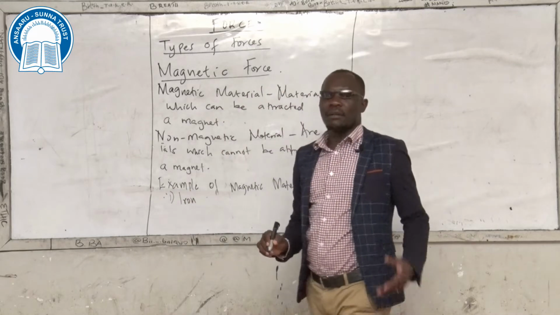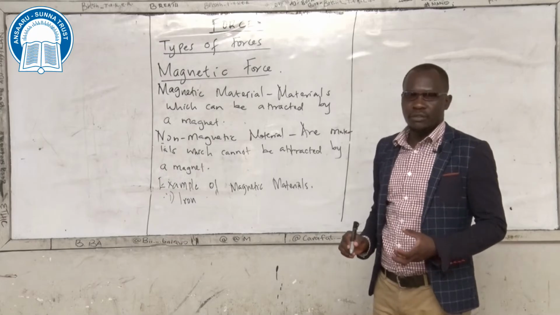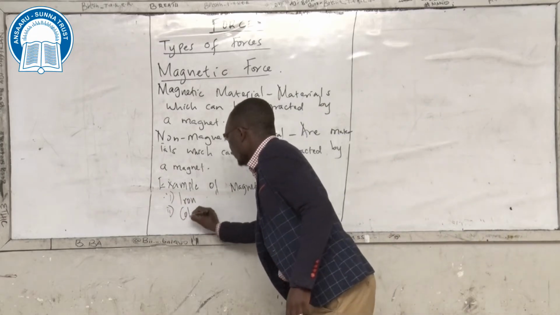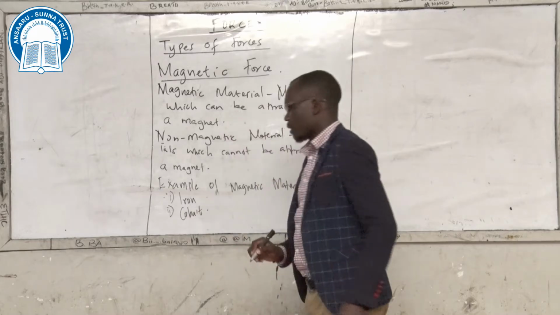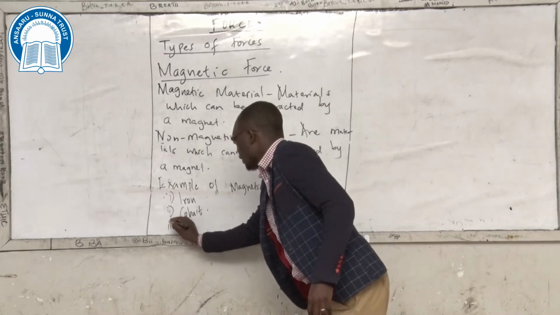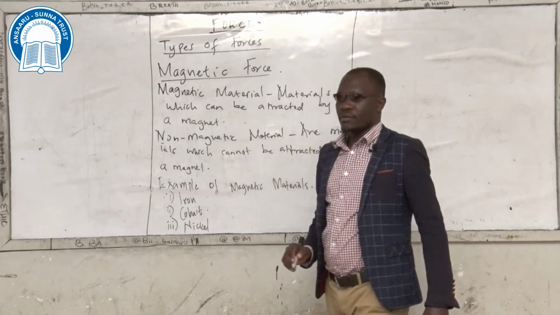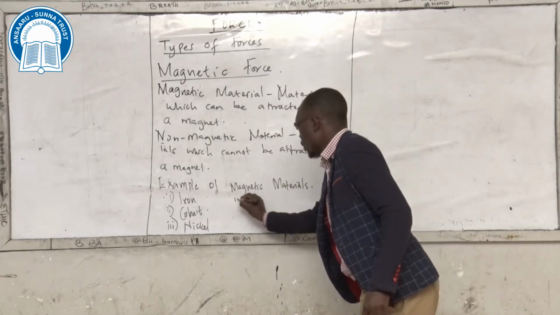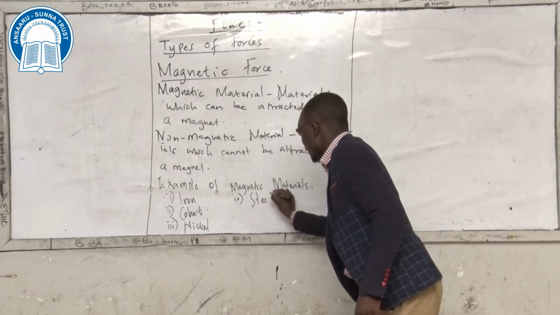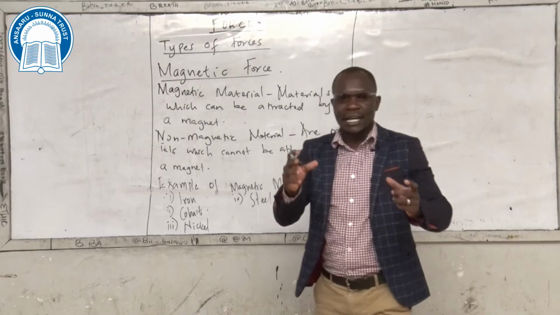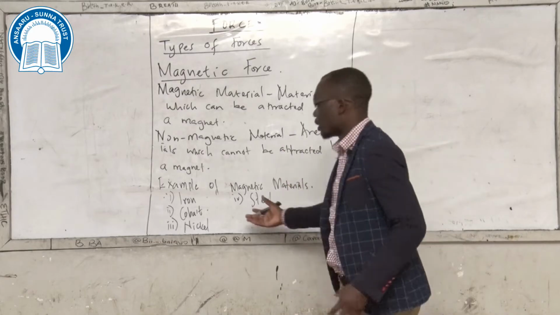A magnet has a capability of attracting an iron material. We have a material called cobalt. We have a material called nickel. Example four, we have a material called steel. Those are examples of materials which a magnet has a possibility or a capability of attracting.